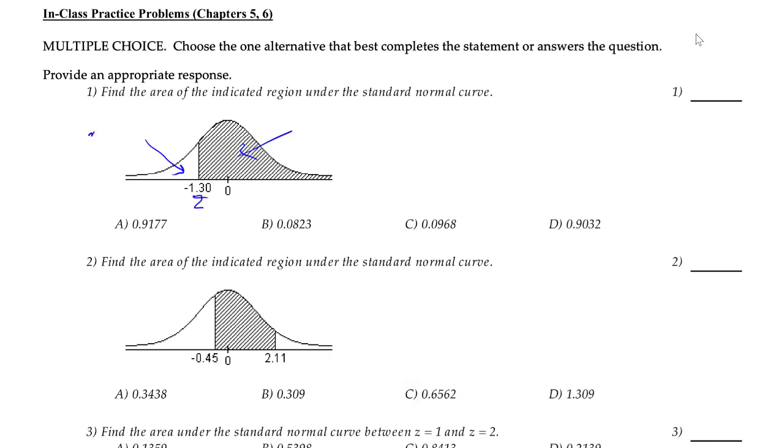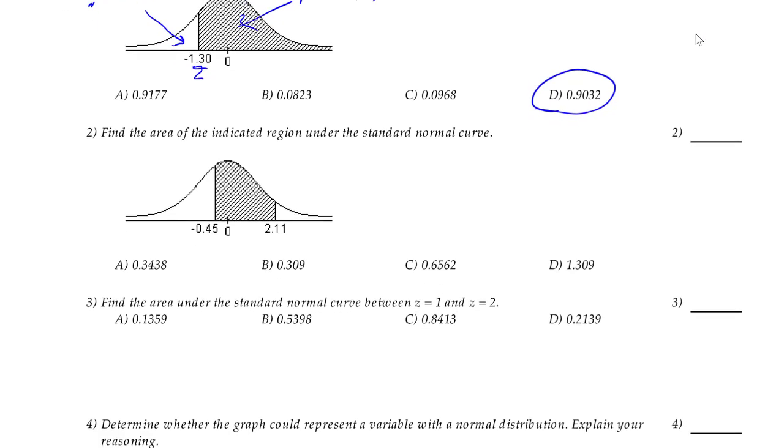So this would be 1 minus 0.0968, and that's going to be D here, 0.9032.